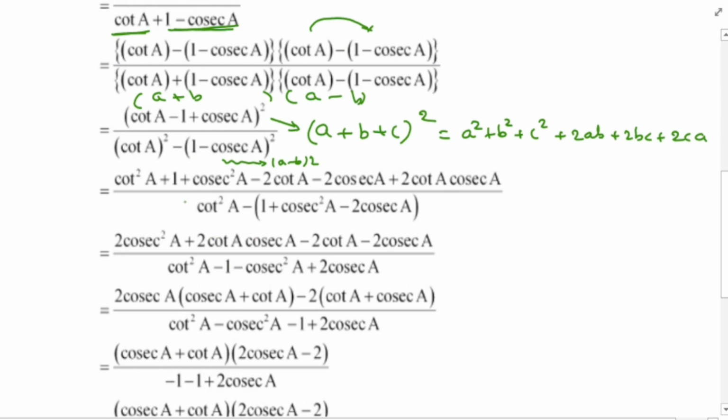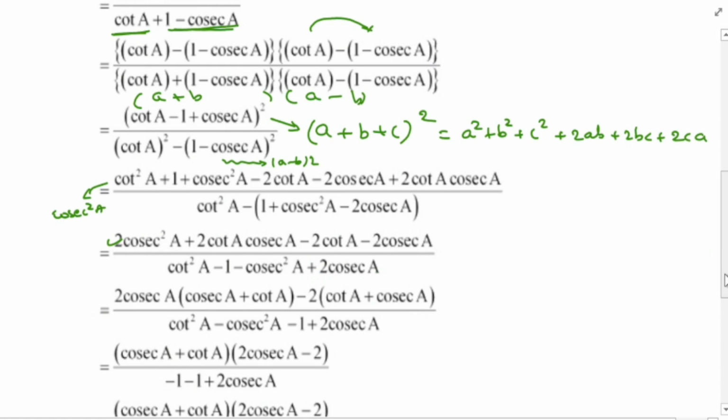In the next step, cot square A plus 1 is cosecant square A. Therefore, cosecant square A plus cosecant square A is 2 cosecant square A, plus 2 cot A cosecant A minus 2 cot A minus 2 cosecant A, divided by cot square A as it is, multiply the negative sign inside the bracket, we will get minus 1 minus cosecant square A plus minus into minus plus 2 cosecant A.